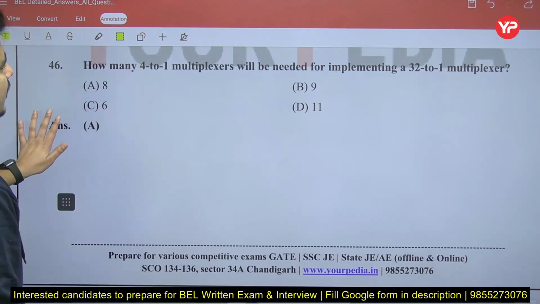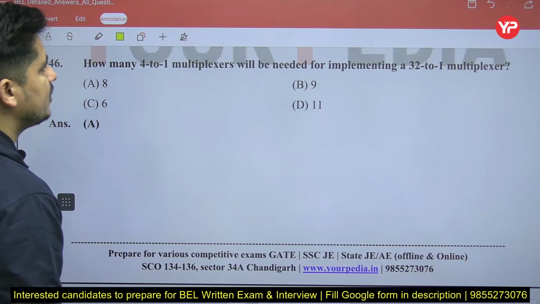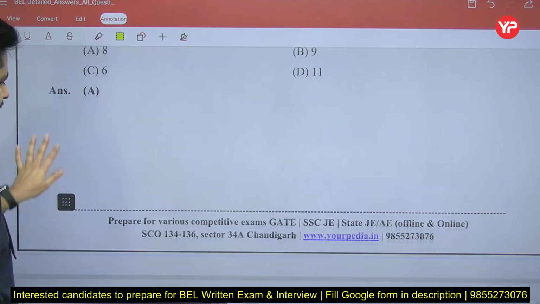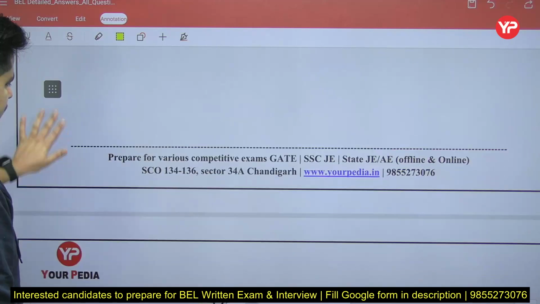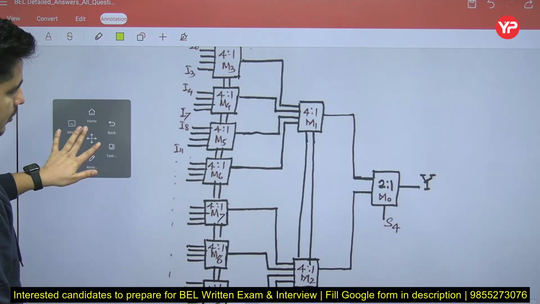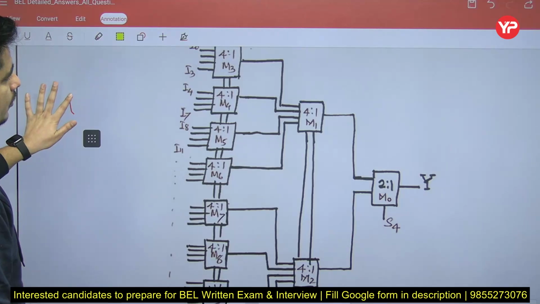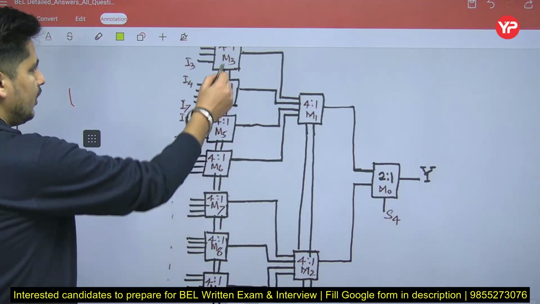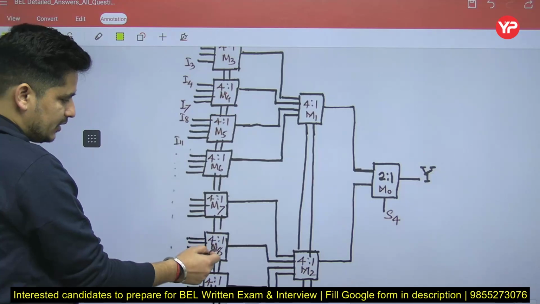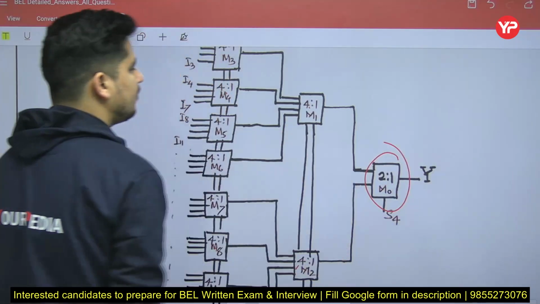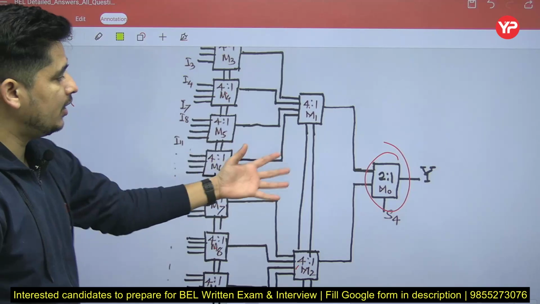How many 4 to 1 multiplexers will be needed to implement a 32 to 1 multiplexer? See, basically this is the figure of how you can implement a 32 to 1 multiplexer using 4 to 1. So we require 1, 2, 3, 4, 5, 6, 7, 8 here, 2 here, and 1, 2 to 1 multiplexer. So we require 10, 11 multiplexers.